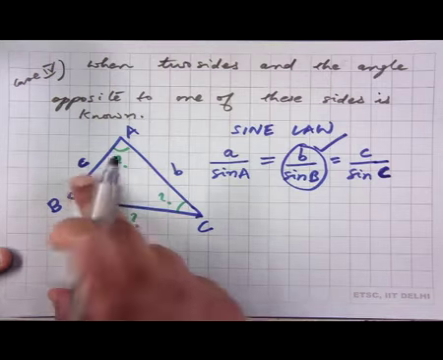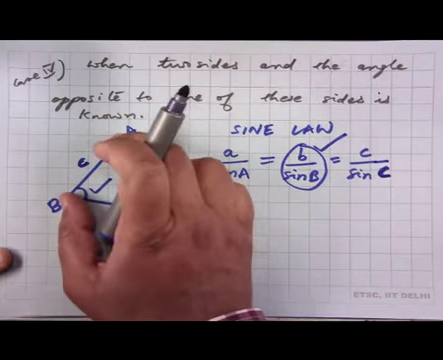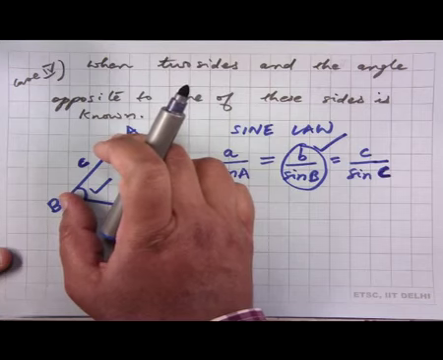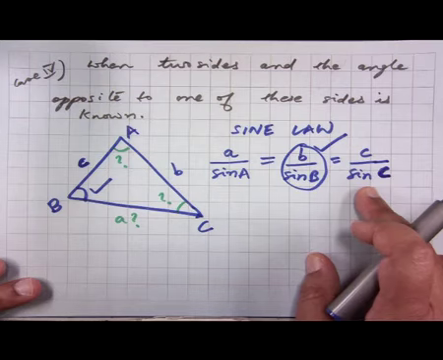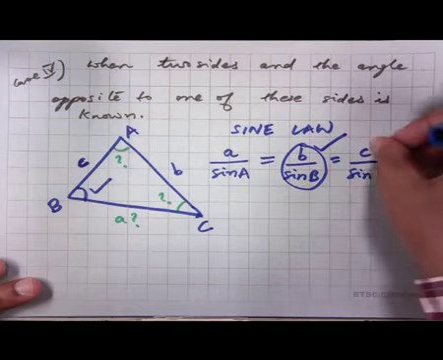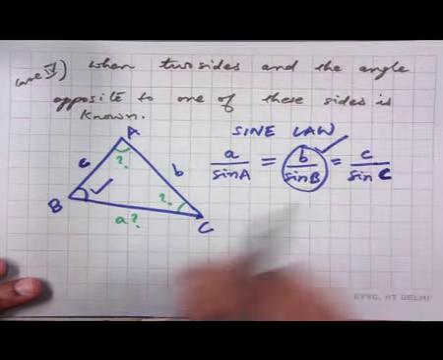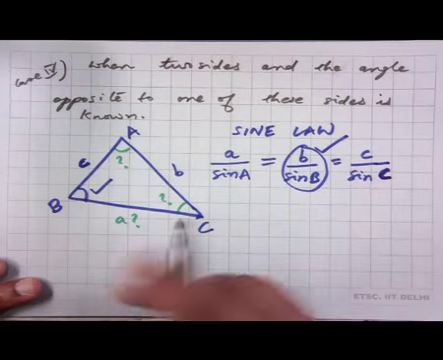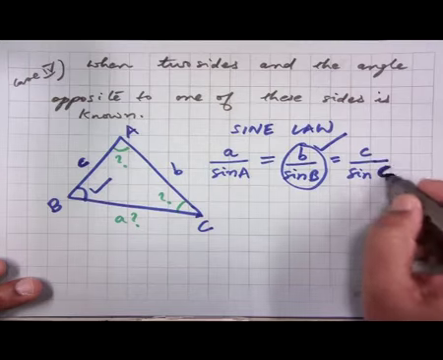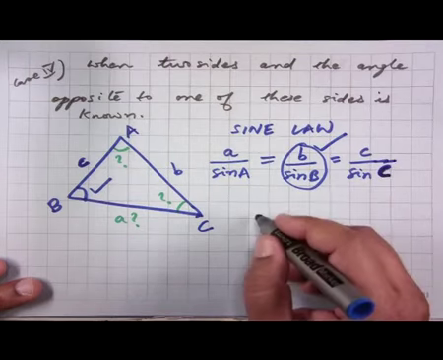Now, we also know this length c. Since these are equal, we know this length c, we know this ratio. It should therefore be possible to find the value of this angle C.